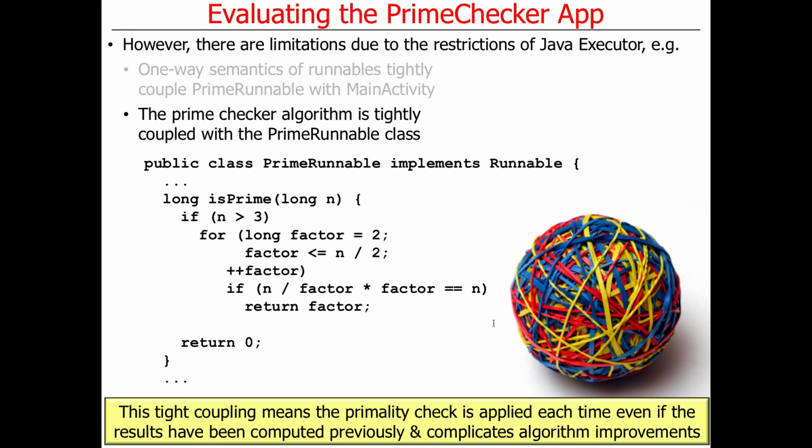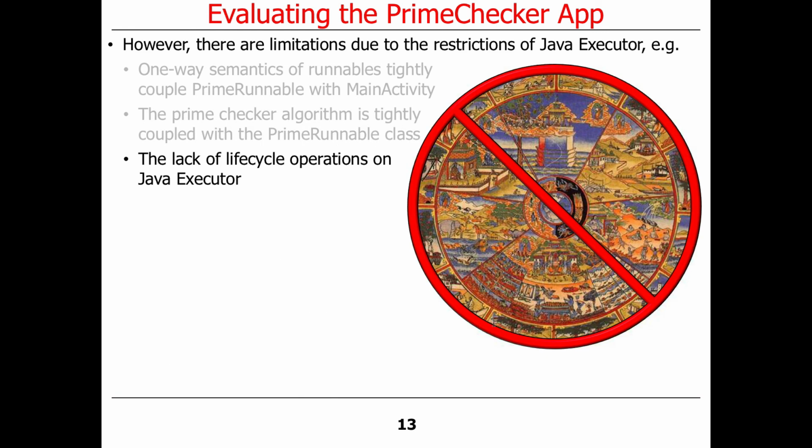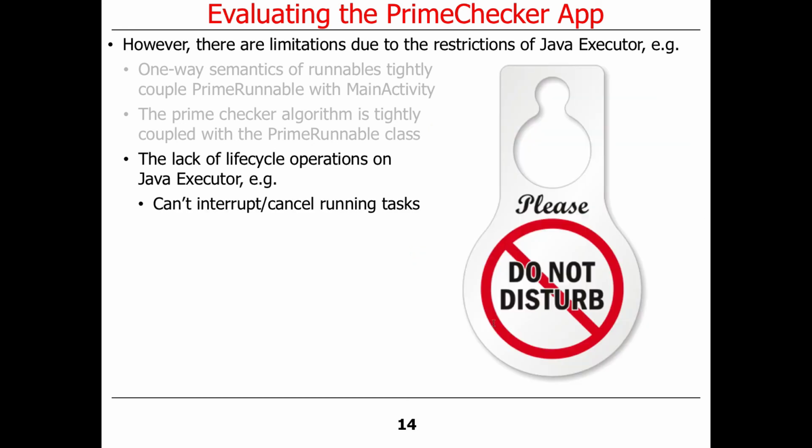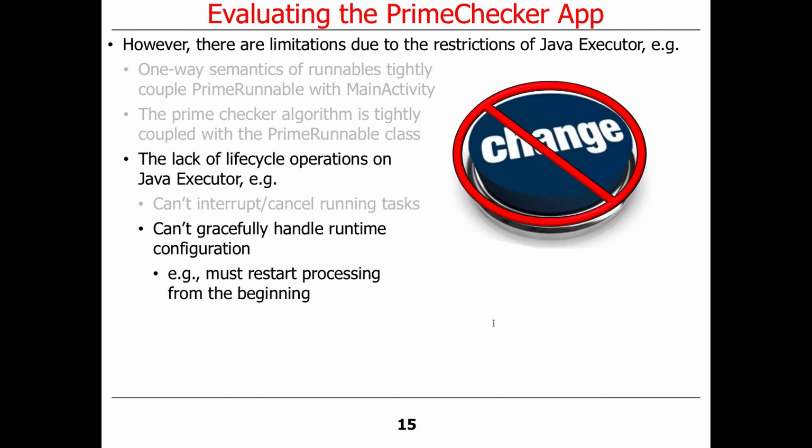So that's not good. The lack of lifecycle operations makes it complicated for various reasons. We can't cancel or interrupt running tasks. If a task is running and we need to stop it for some reason, because we're going to rotate the phone or whatnot, we can't easily do that. And this just makes things more complicated than they need to be.